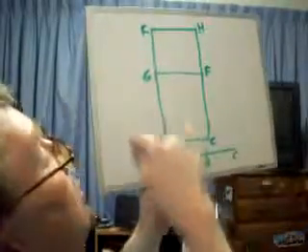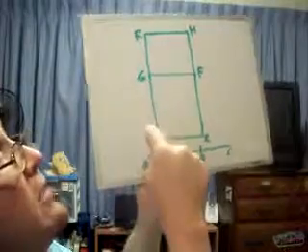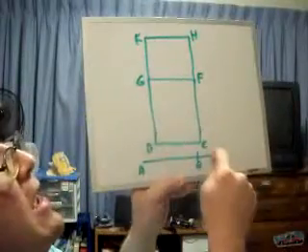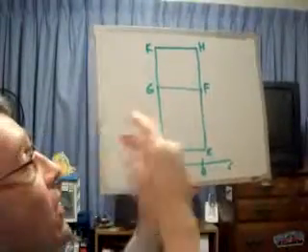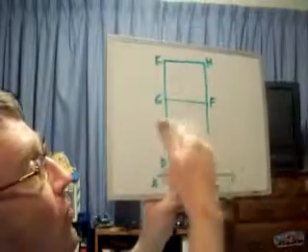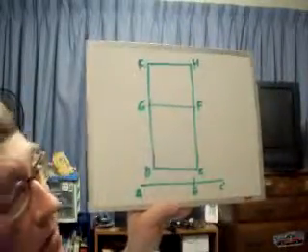So, DG is a rational line. It's incommensurable with DE. Now their squares are commensurable, but the two lines are not. We got it now.